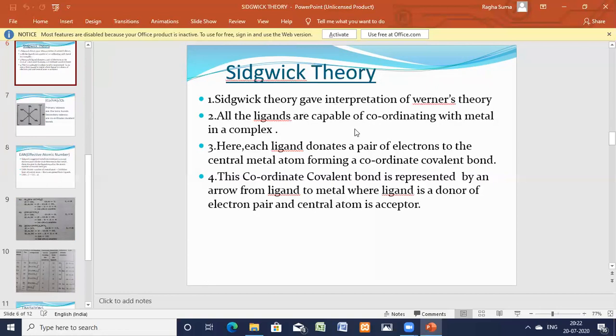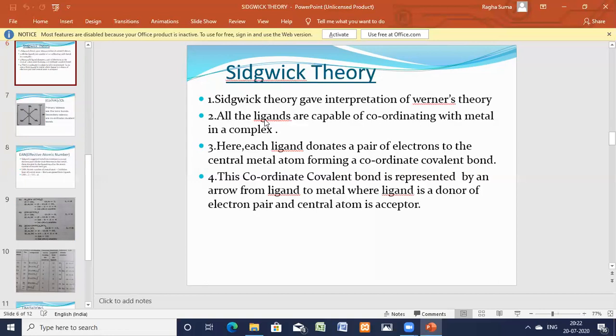All the ligands are capable of coordinating with the metal. Every ligand should compulsorily, 100%, coordinate with the metal, or else it is not a ligand. This is the second postulate. And the third one: each ligand donates a pair of electrons to the central metal atom.